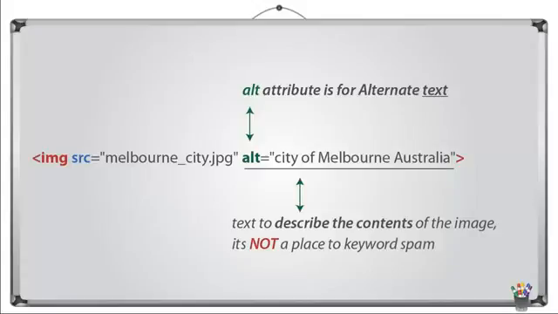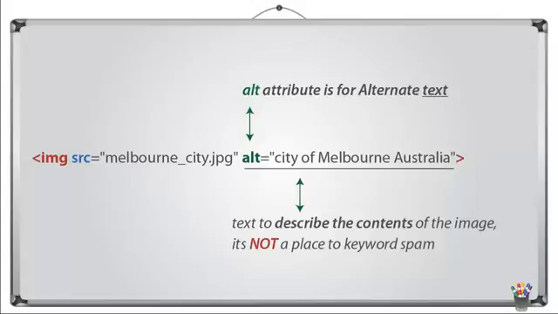Okay, we shouldn't be thinking like that. What the alt attribute must do is describe in short and descriptive terms what that image is all about. Okay, what is the content of that image.